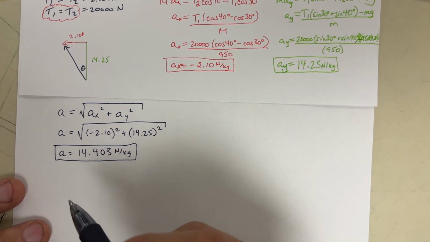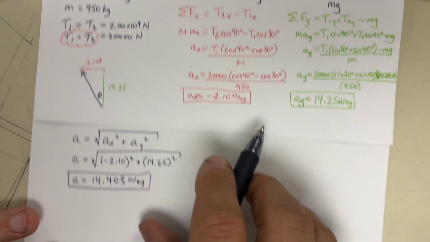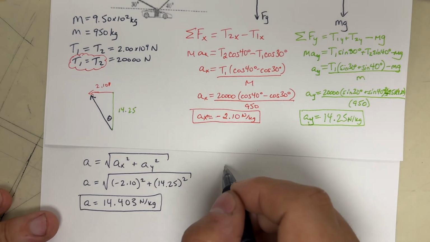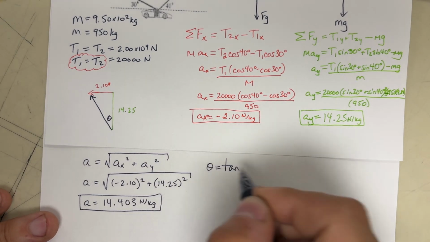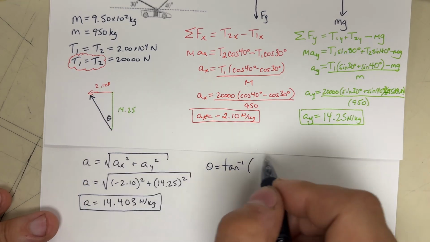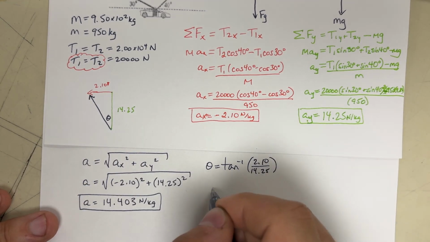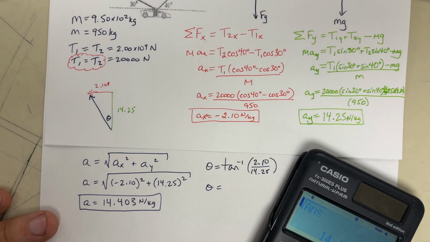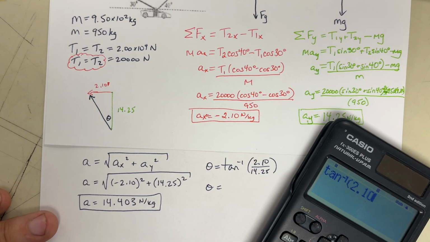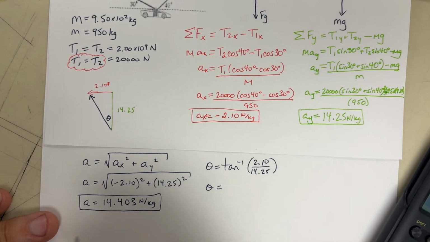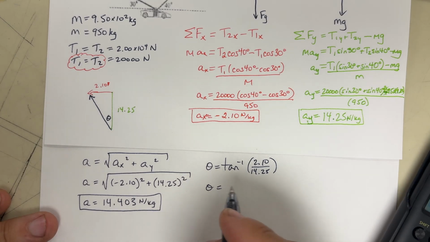But we do need to find the actual direction as well. So I'm going to look at my little grid here, and it's my inverse tan, and I have 2.10 over 14.25 here. Inverse tan. I get 8.48 basically.